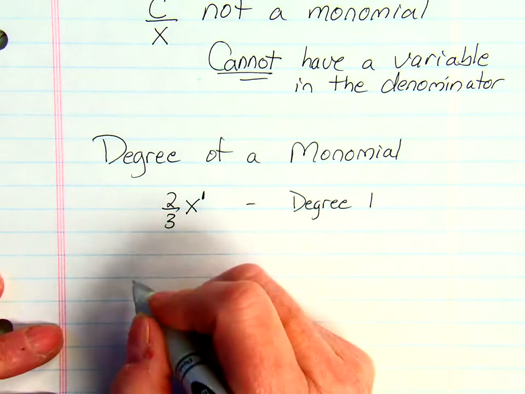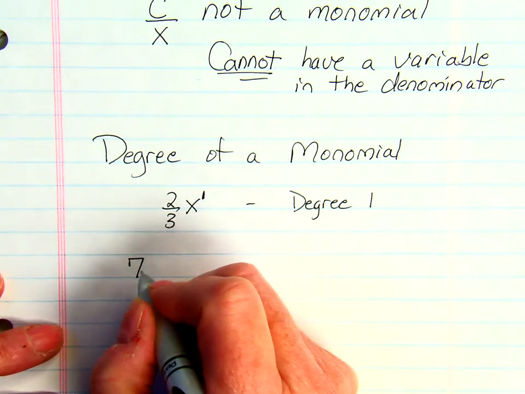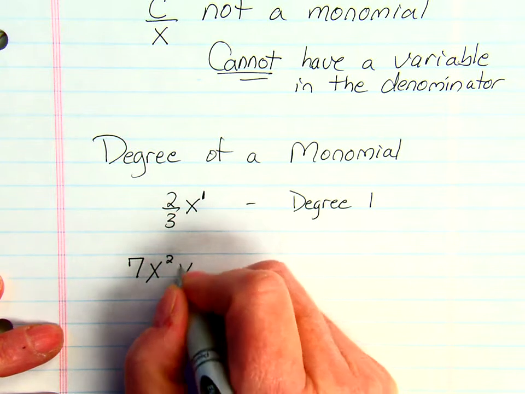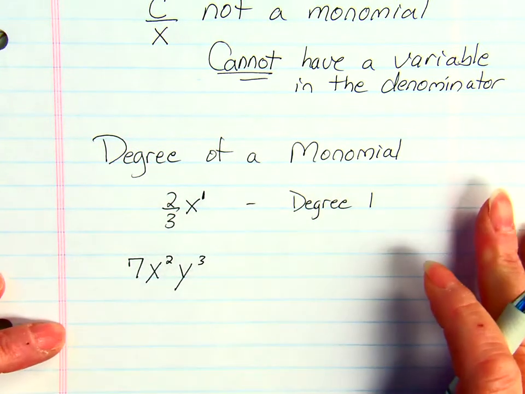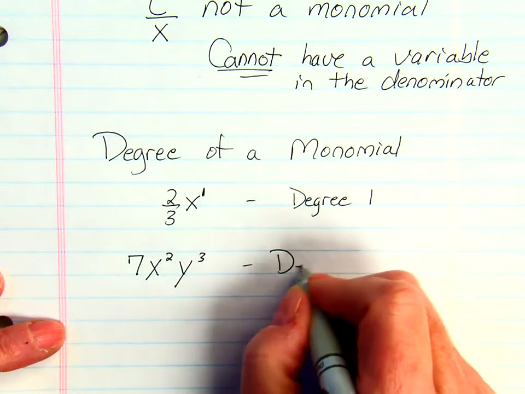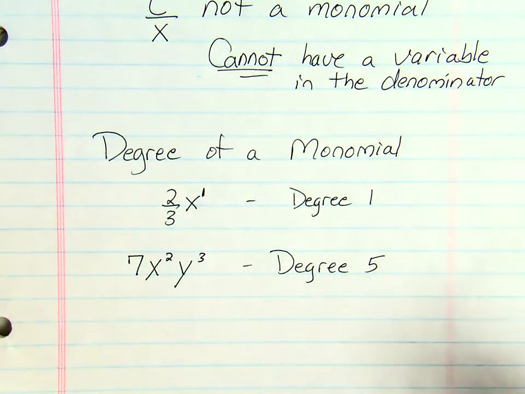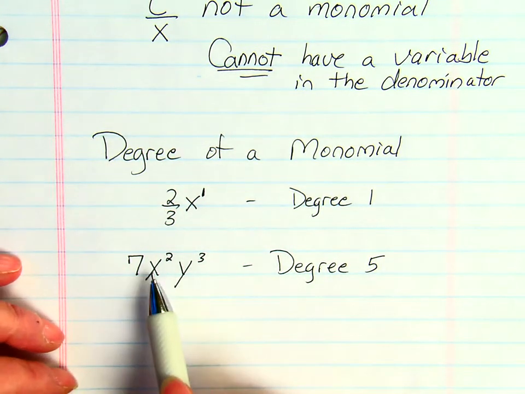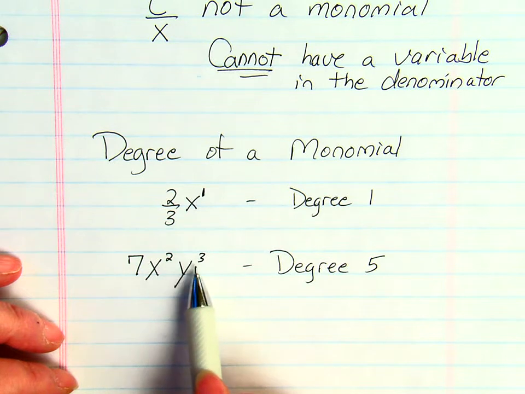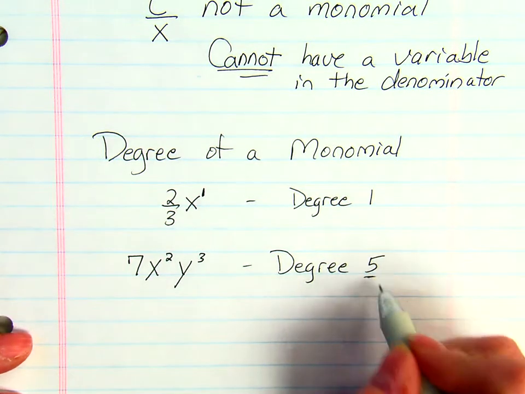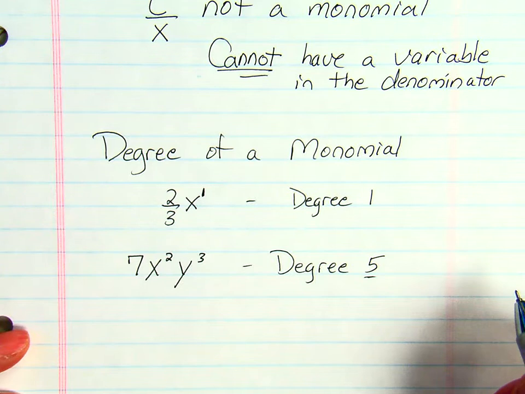Now, if I have 7x squared y cubed, this is going to be a degree of 5. In this case, we've got two variables, and each variable has an exponent. So what I'm going to do is add those two to get the degree of 5, 2 plus 3.